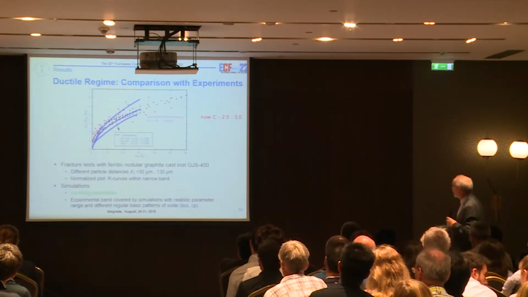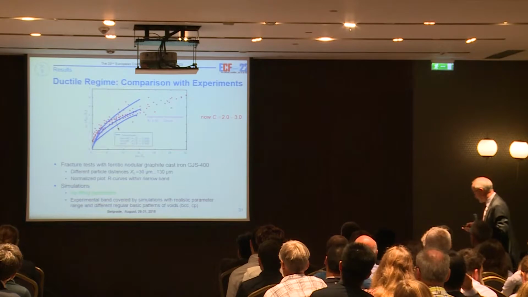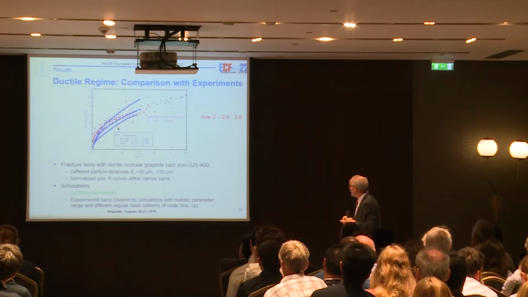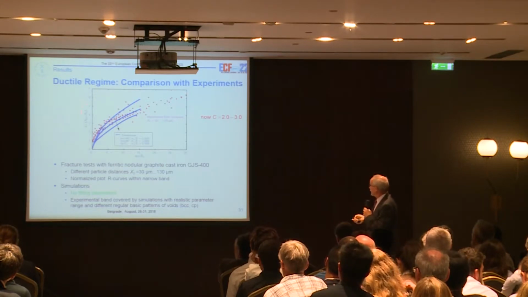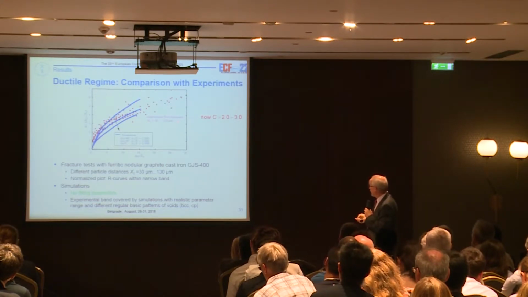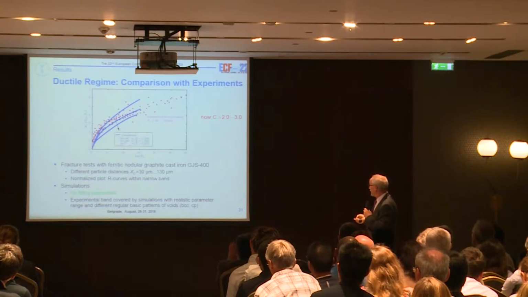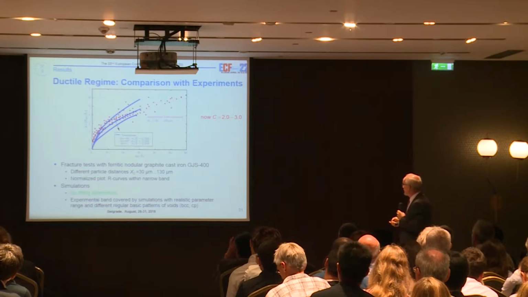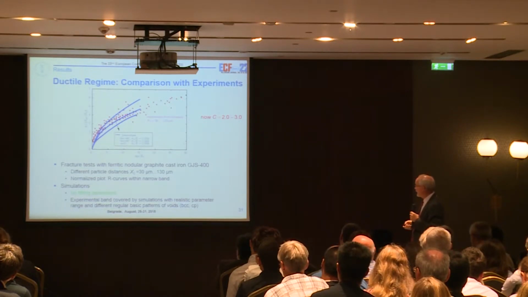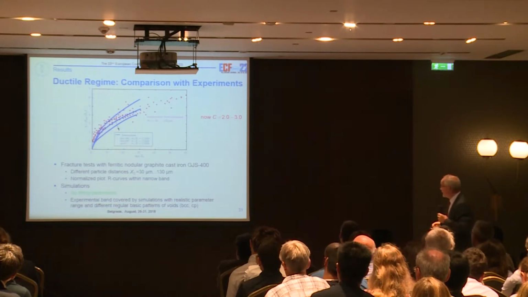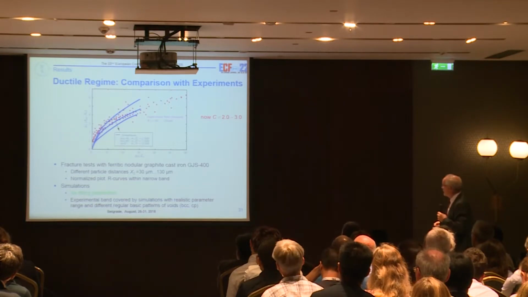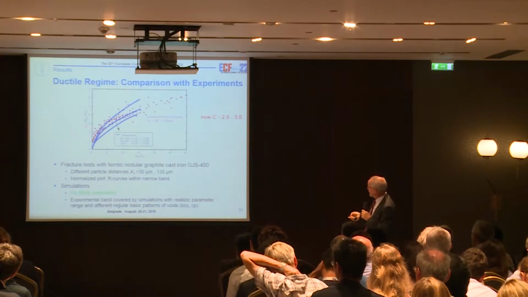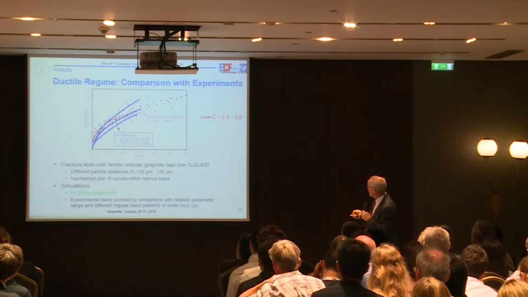Now we compare with experimental data. The red symbols are from various experimental data for this ductile cast iron with different yield stresses and particle sizes. These are our three simulation curves, and we see that we match the experiments quite well, with a C parameter between 2 and 3.